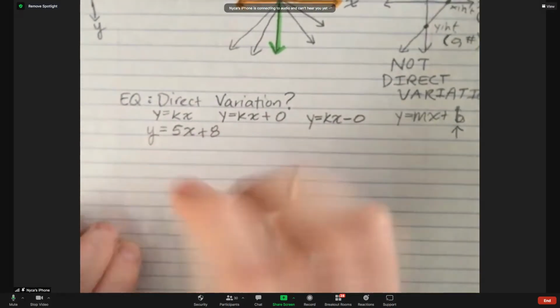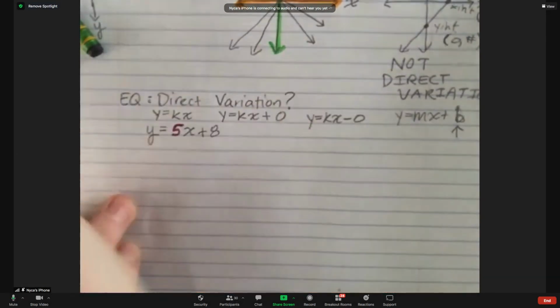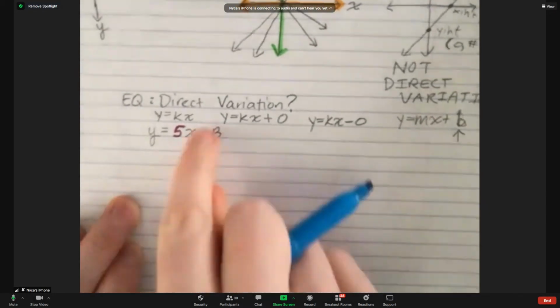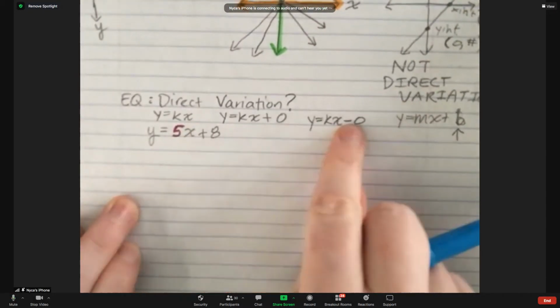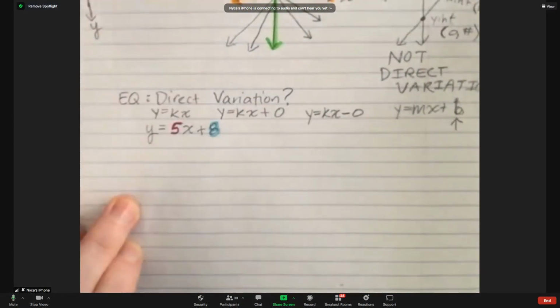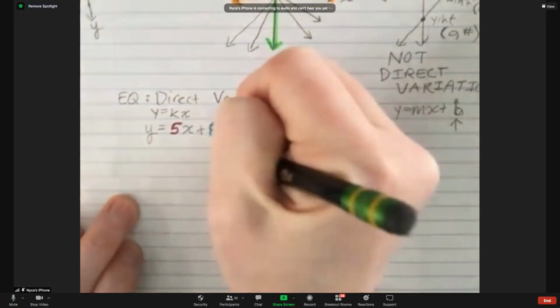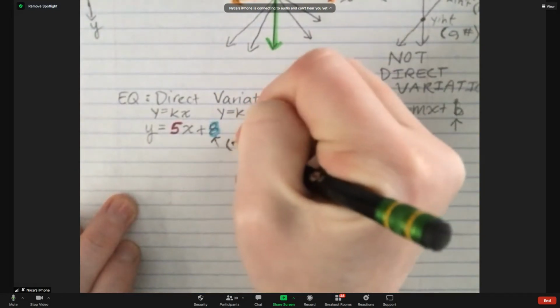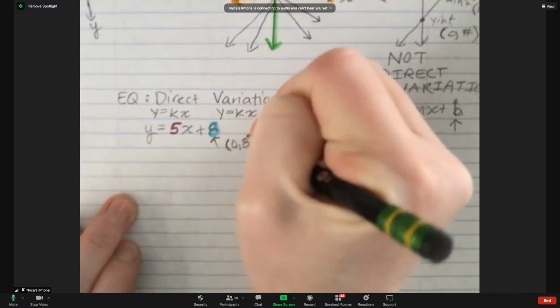So right now, if I were to look at this, I see 5 right here. Now I go look at the y-intercept. I should see nothing, a 0 or a 0. I don't. I see an 8. That means that this line hits the y-intercept at 0, 8.